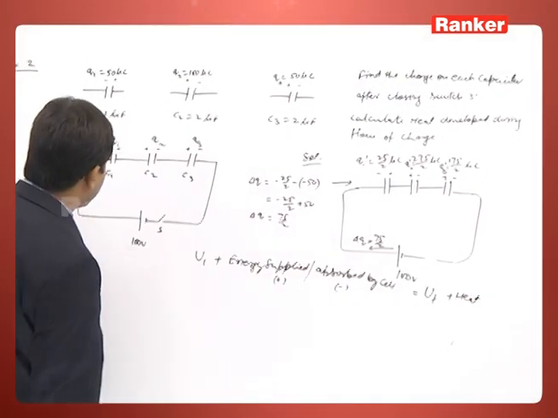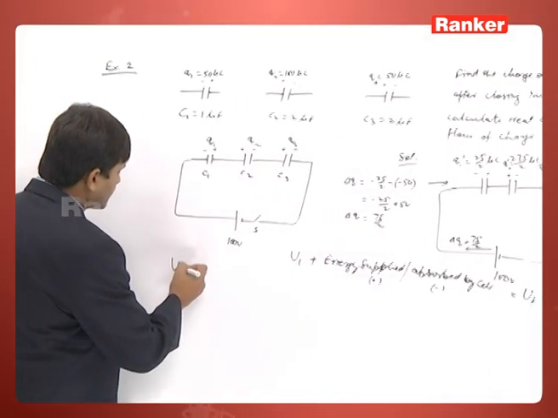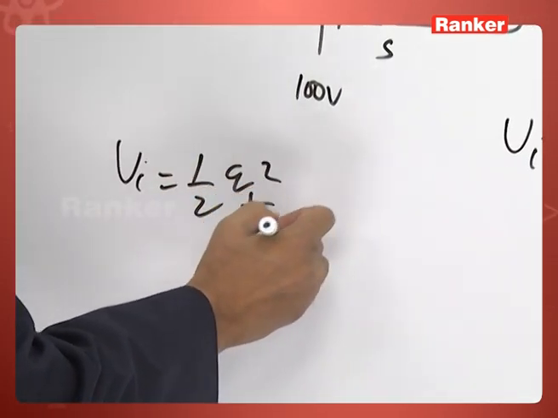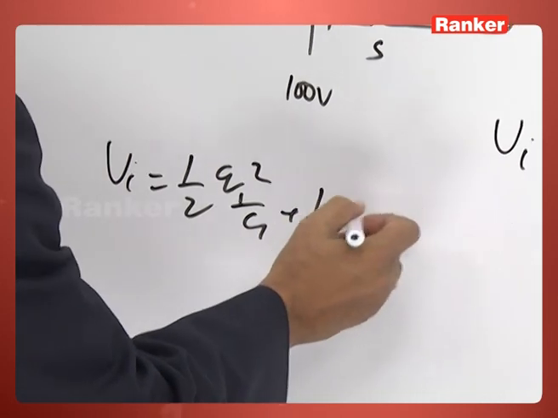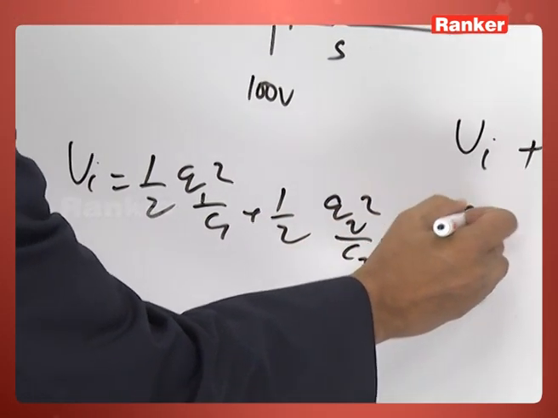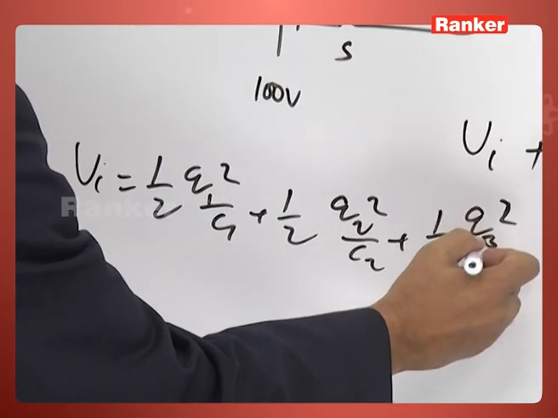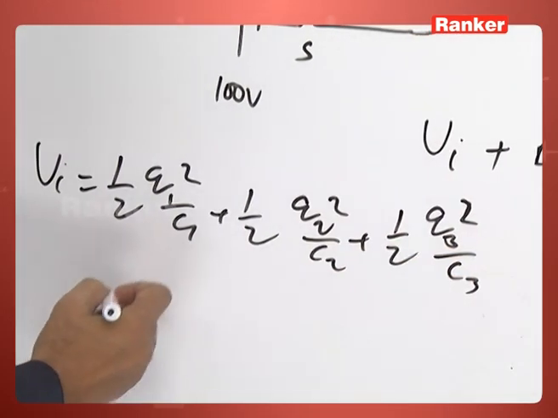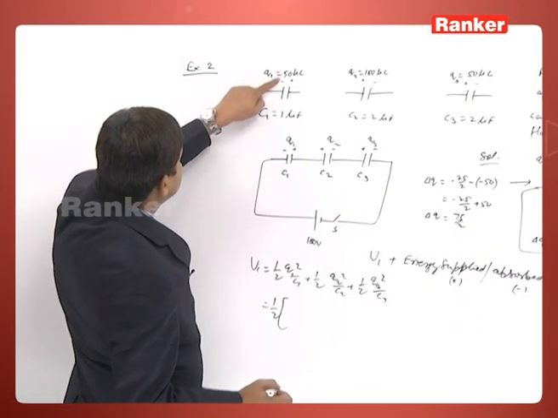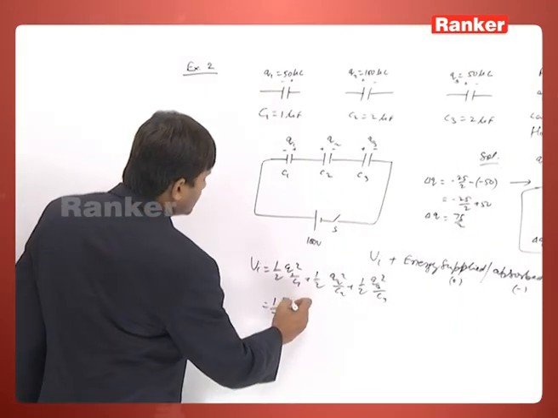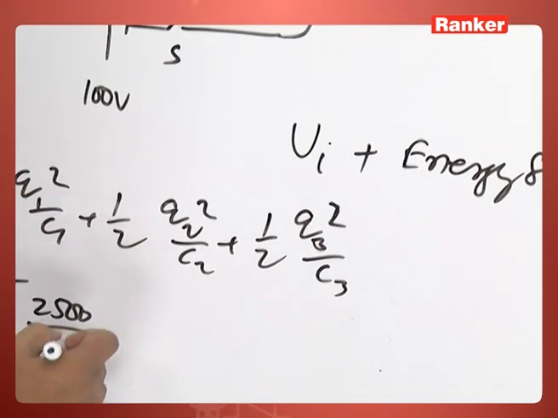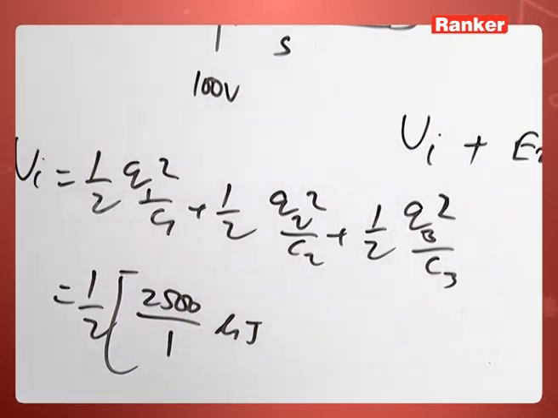So the initial energy, U, is half Q1 square by C1 plus half Q2 square by C2 plus half Q3 square by C3. Half Q1 square by C1: Q1 square here is 2500, by C1, is your 1 microjoule.